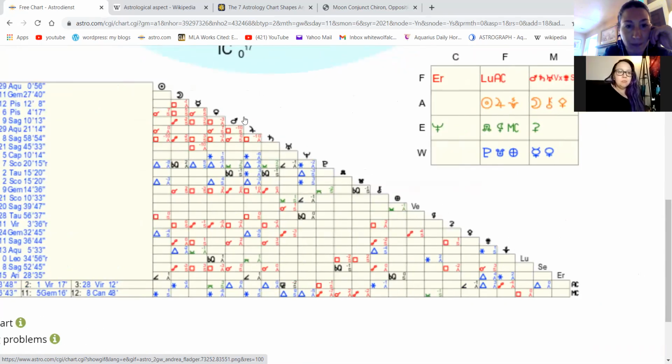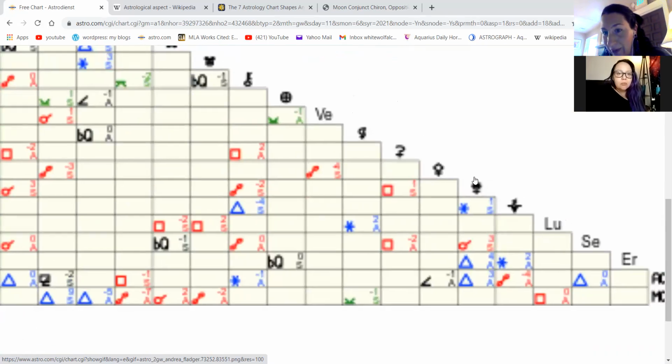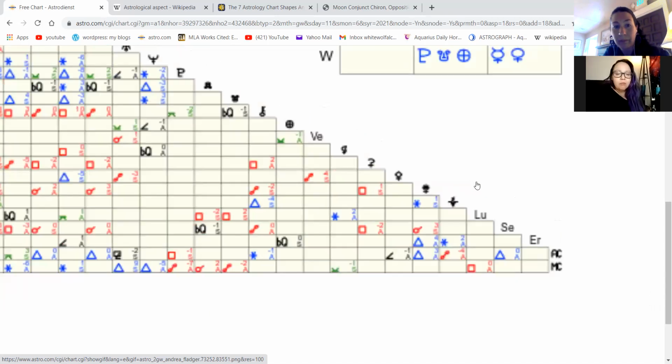So you have Mars here conjunct Pallas Athena. I don't know if you can barely see this thing. It looks like a flower.